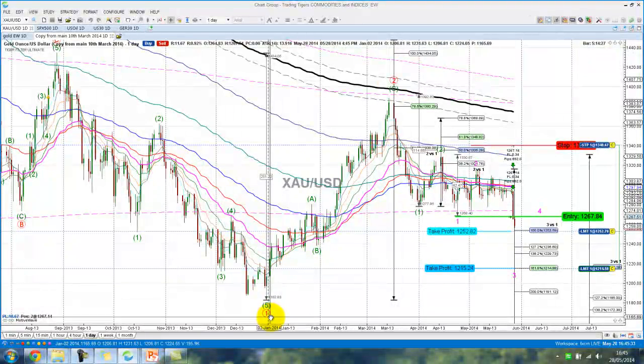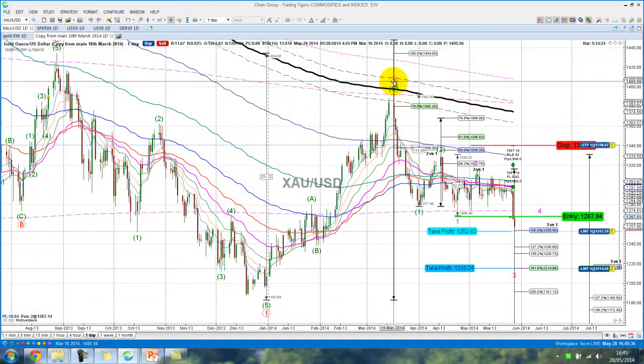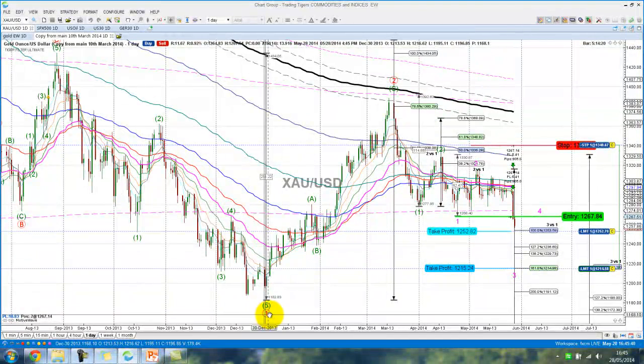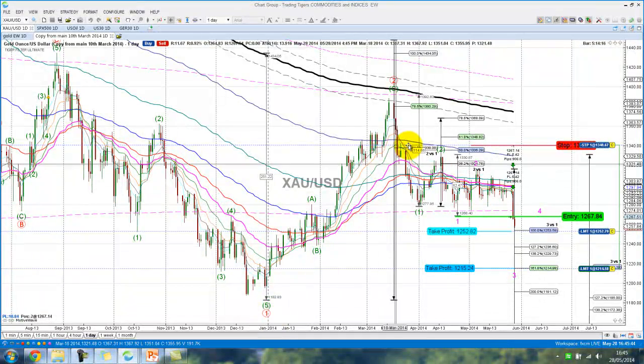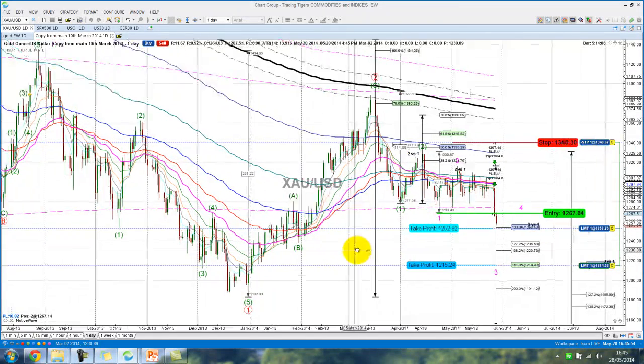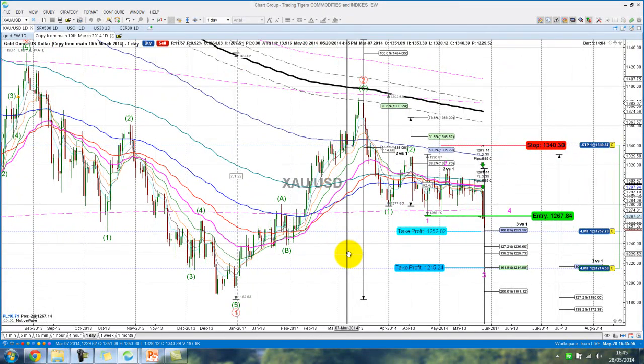Primary wave being the larger degree shown right now, and the wave 1 completed down on the 31st of December 2013, and the wave 2 completed at the high at the 78.6 level on the 17th of March 2014. And as you can see right now, we're looking at its wave 3 come down.